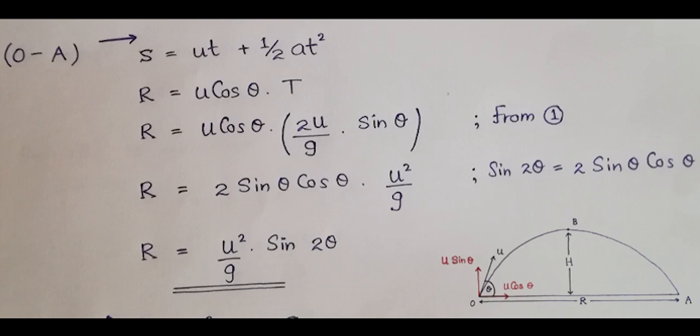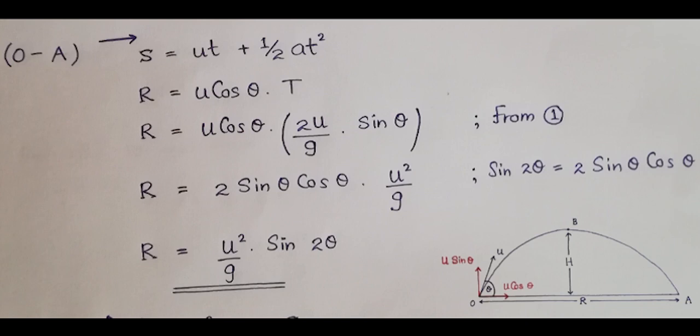The initial velocity horizontally is u cos theta into, again, time is the flight time, which is labeled as capital T. From equation 1 I can substitute 2u over g into sin theta instead of capital T. Then we get r equals 2 sin theta cos theta into u squared over g.